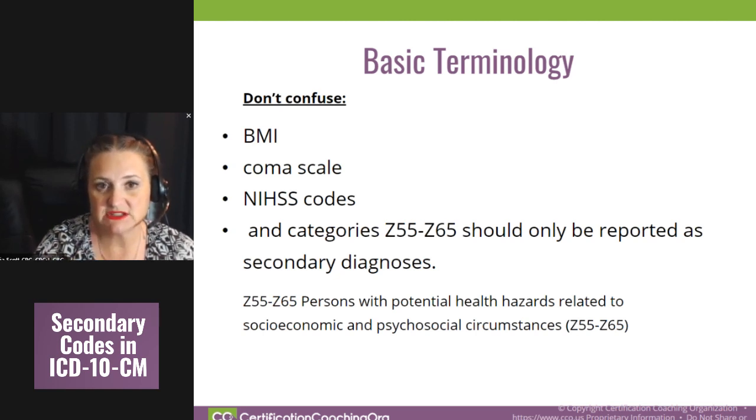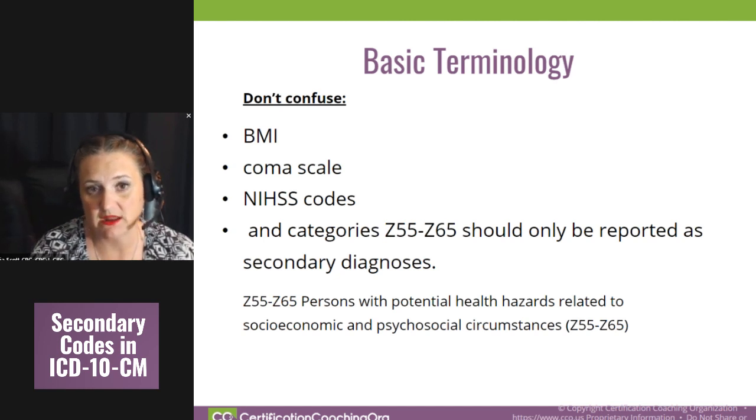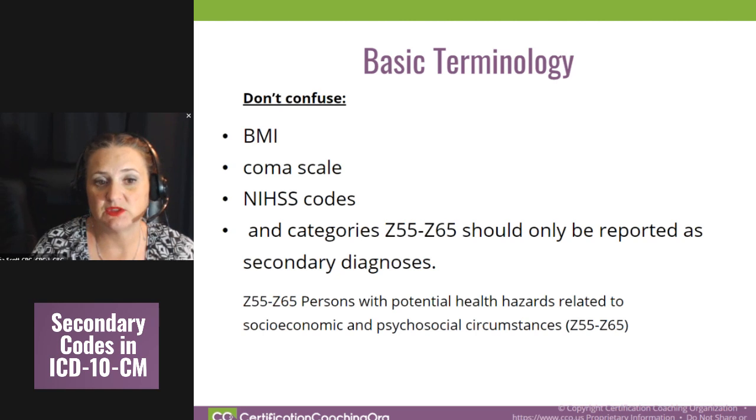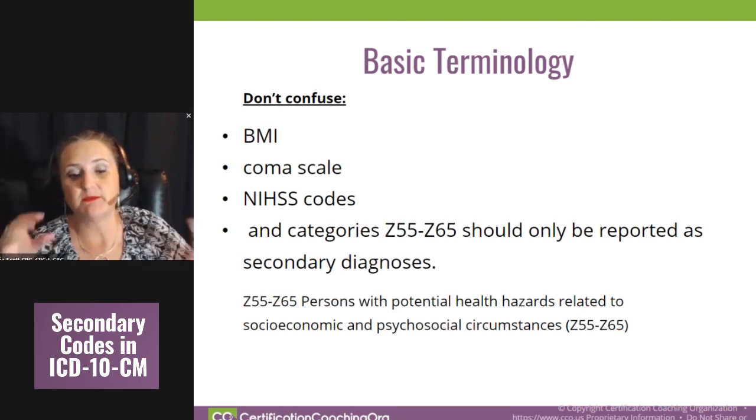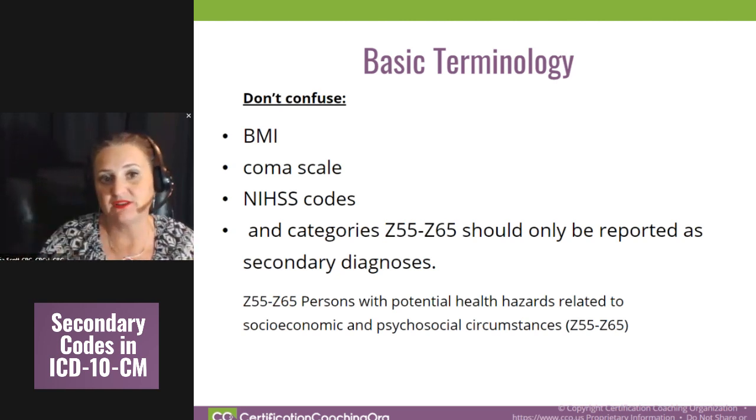It has to have a diagnosis somewhere of obesity or morbid obesity, or a malnutrition type code. Same thing with the coma scale. You can tell the rest of the story, at what level the coma scale is, with that secondary code. It's almost like painting a picture and then putting the highlights in.